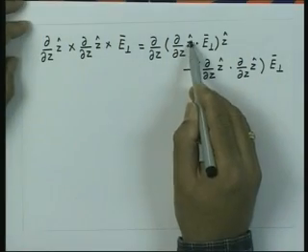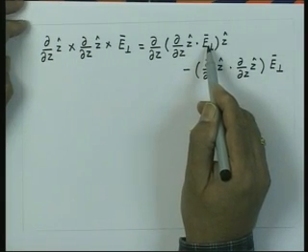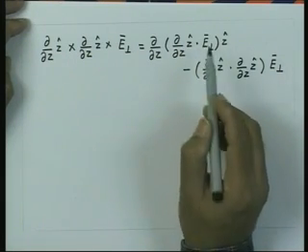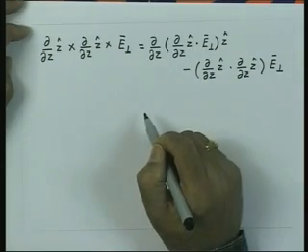Now, this quantity is a vector in the z direction, and the E transverse vector is in the transverse plane, so it is perpendicular to the z direction. So, this dot product is identically 0.